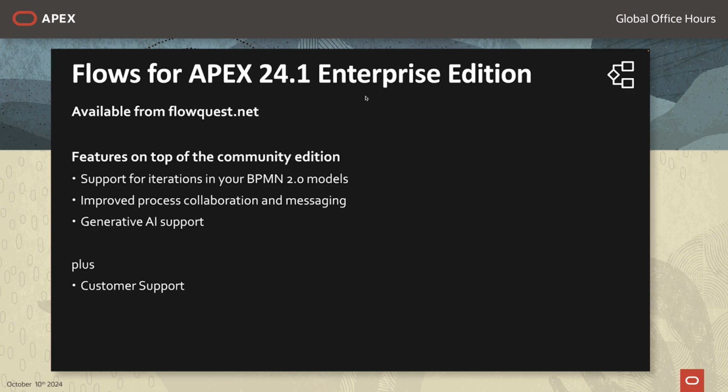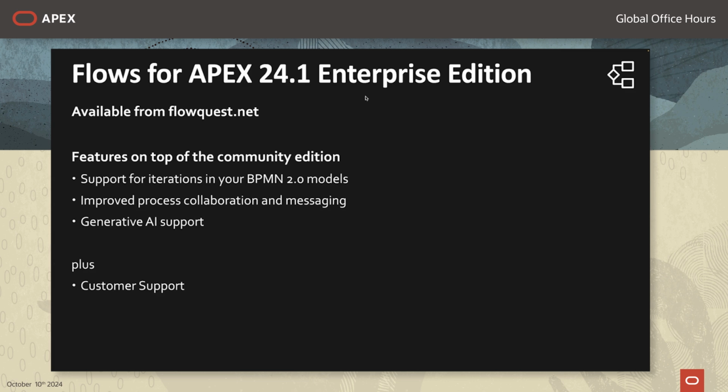And so we wanted to be able to provide support for them and to carry on developing the product. And so the answer to that has been to create the Enterprise Edition, which will have additional functionality and come with support on an annual subscription basis.